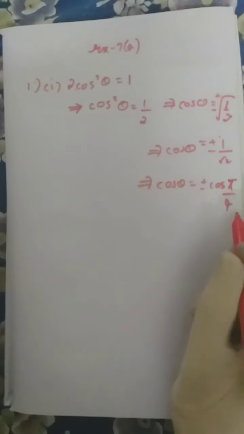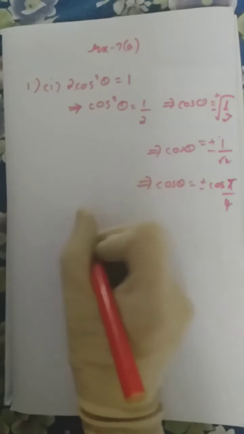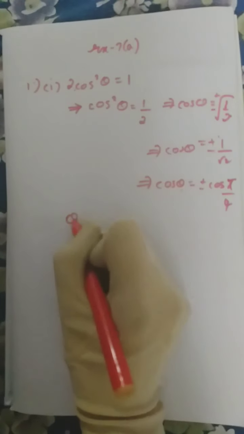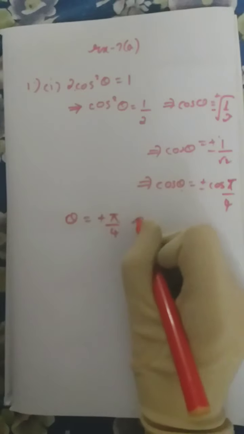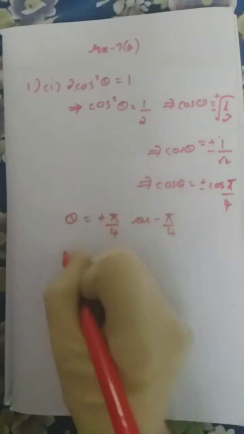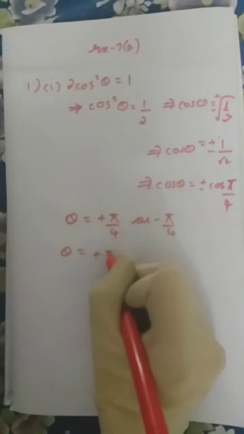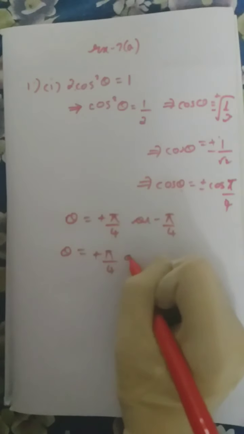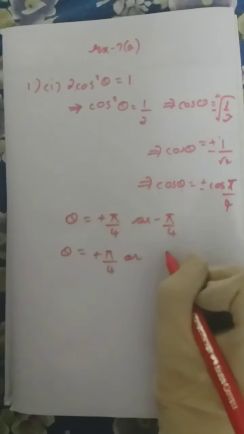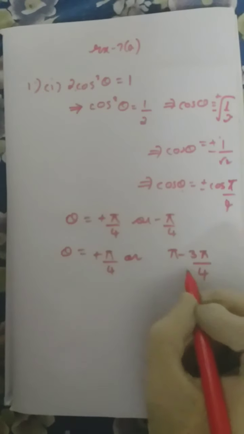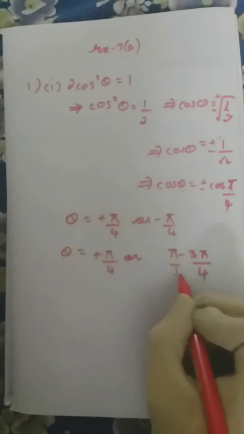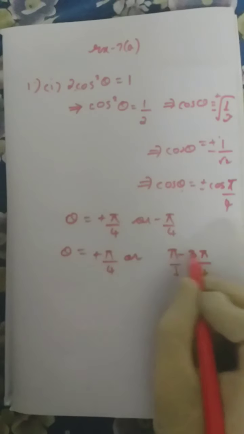So if you compare, theta can be either plus pi by 4 or minus pi by 4. So theta is equal to plus pi by 4, and minus pi by 4 can be written as pi minus 3 pi by 4. We know that because if you simplify this, 4 is the LCM, 4 pi minus 3 pi is pi.